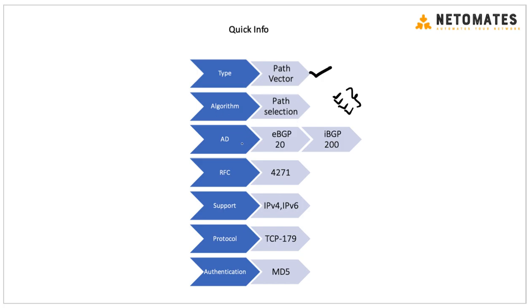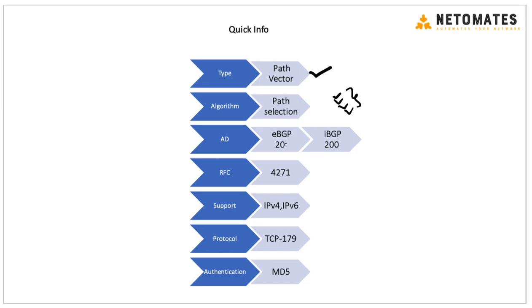For the administrative distance value, there are two AD values for BGP, one for eBGP and one for iBGP. We will discuss what these are in the next slide, but for now remember that there are two AD values for routes learned through BGP. For routes learned in iBGP, the AD value is 200, and for routes learned through eBGP, the value is 20.